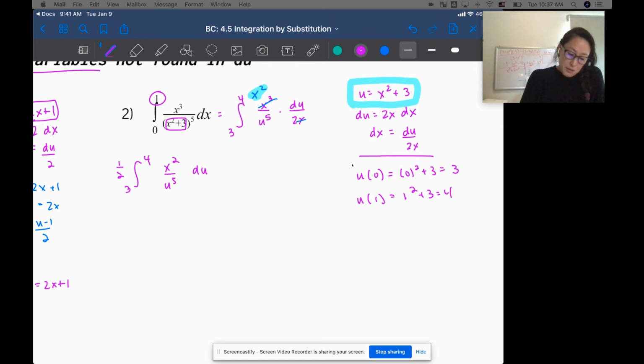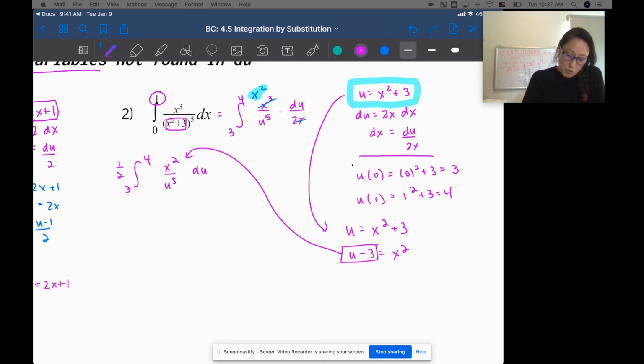All right, last part, we need to change out the x squared. So we use our u equation. u is equal to x squared plus 3. And look, we need to isolate x squared anyway. So u minus 3 is equal to x squared. Cool. We're going to substitute that in for x squared. So I get 1/2 times the integral from 3 to 4 of u minus 3 over u to the 5th du.